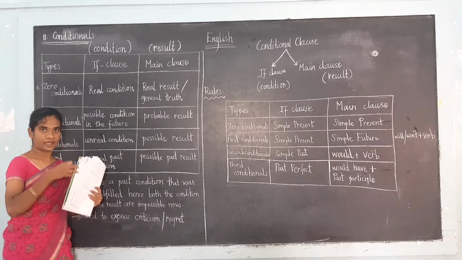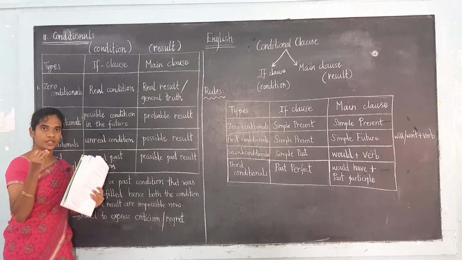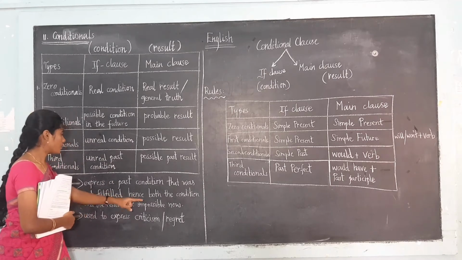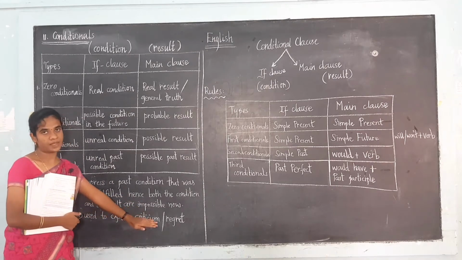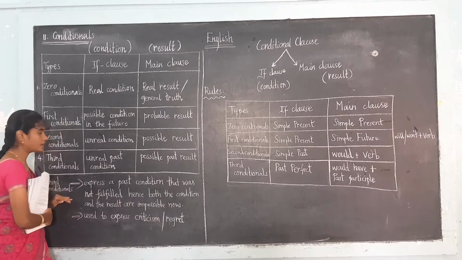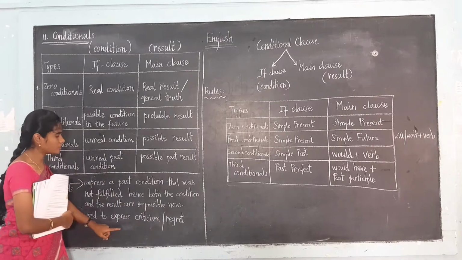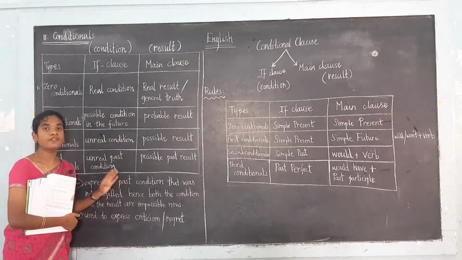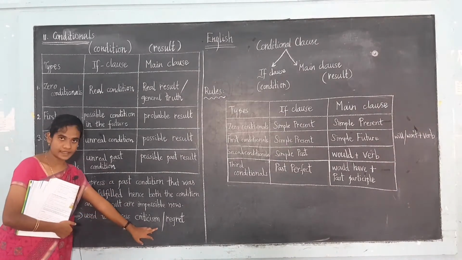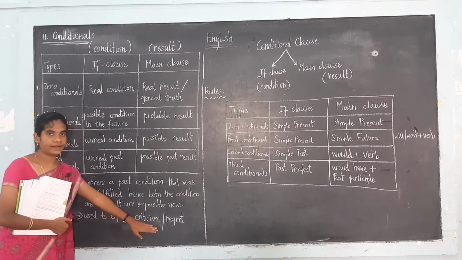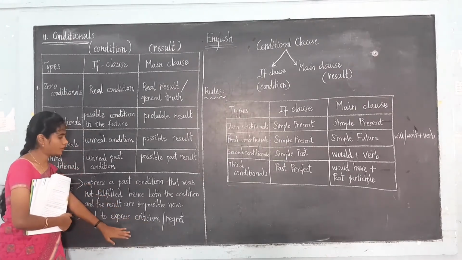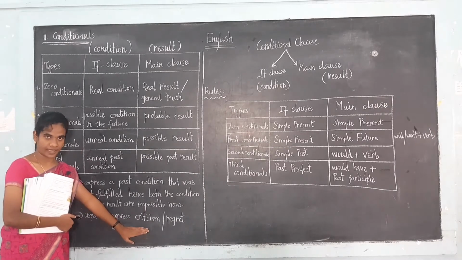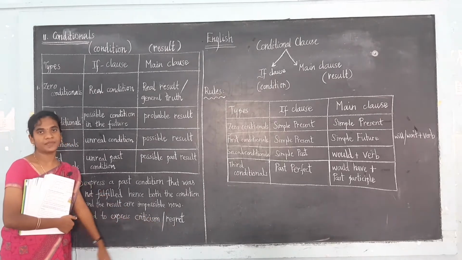Okay. So the condition or the situation could have happened, it should have happened but did not happen, so the condition and results are impossible now. That is known as the third conditional, and it is often used to express criticism. Criticism means fault finding, and regret means feeling sad. They are often used to express these two only: criticism, for finding fault, and regret, for feeling sad.